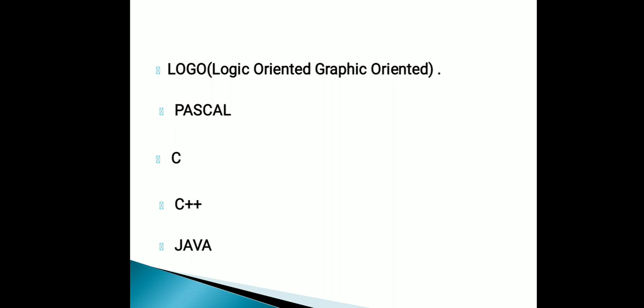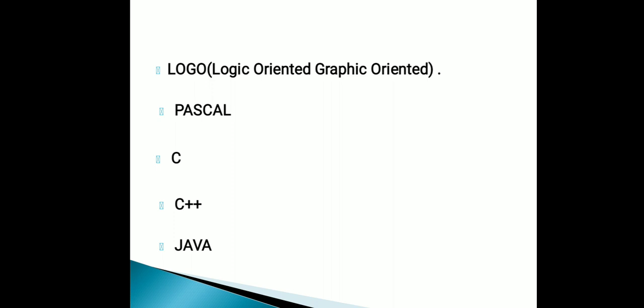Okay, so this language was based on the methodology of structured programming. Pascal is a general purpose language used to develop application programs. You know what application programs are, which are used to simplify work. For example, Tally is used for accounting. Okay, so this is application programming.